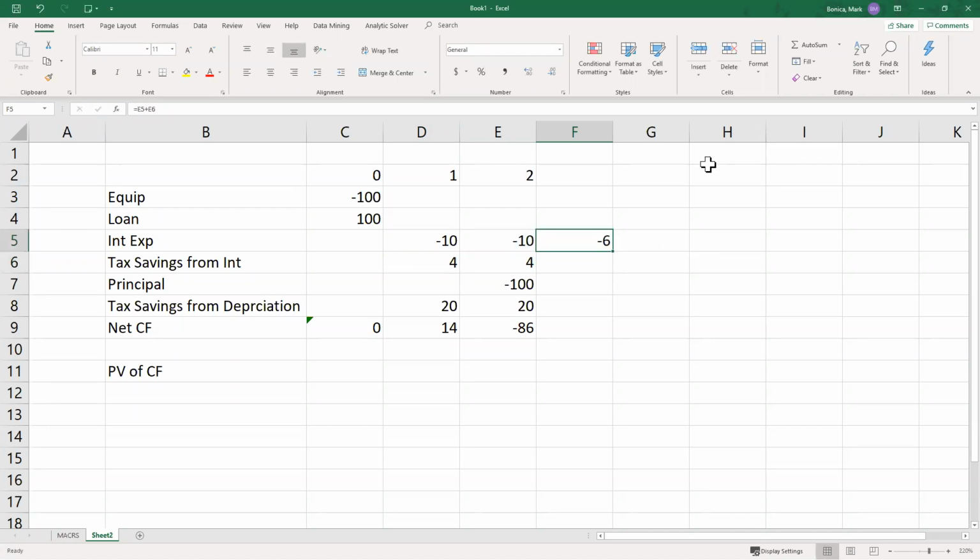We're actually only paying $6,000 in interest on our loan. So we take that negative 6 and divide it by the 100. We're only paying a 6% rate. So we're going to use the effective interest rate of 6%.